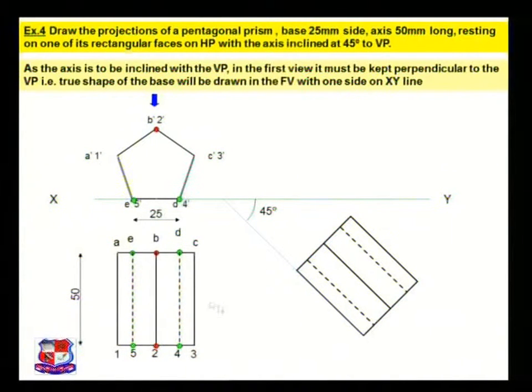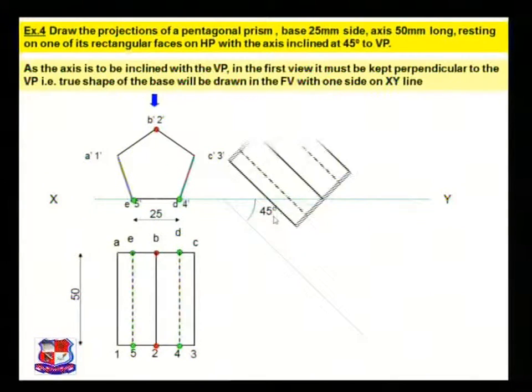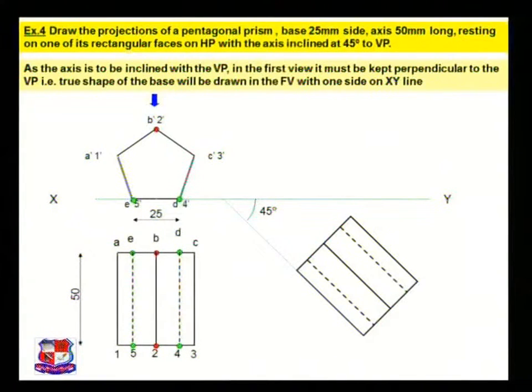So redraw this rectangle like this. What we have drawn, this angle is 45 degrees. Now take projections from endpoints A1, B2, C3, D4 and E5. Relocate all these points over here.